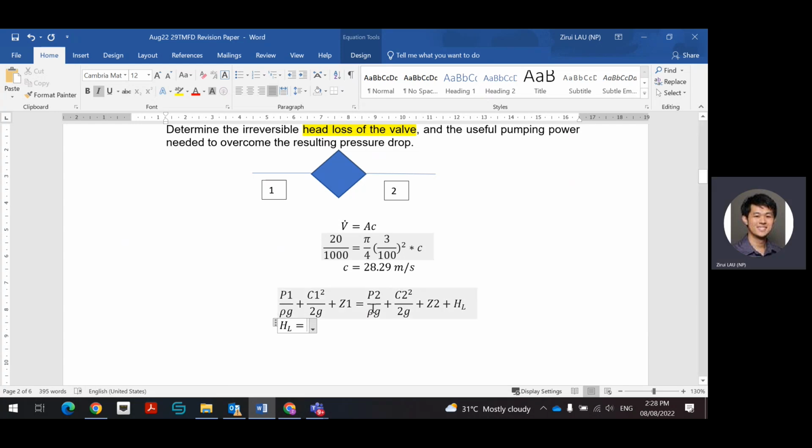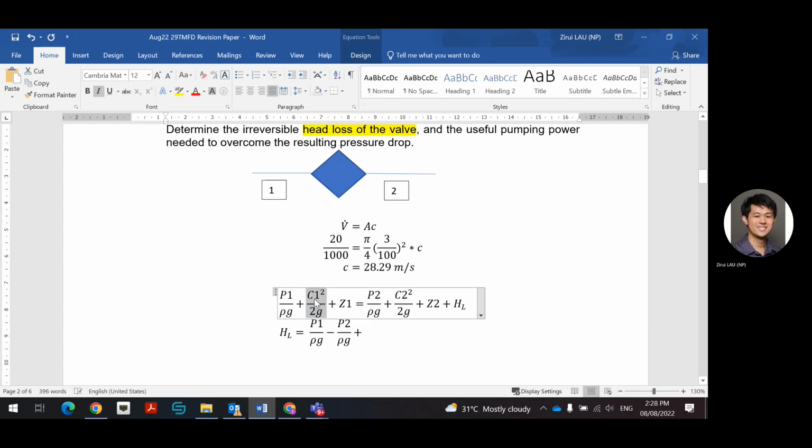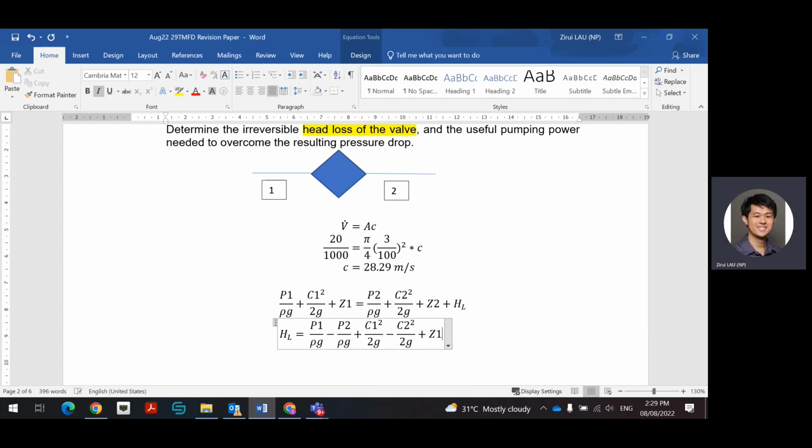So this one will be P1 minus P2, sorry, it should be the other way around, P1 minus P2, plus Z1 minus Z2.